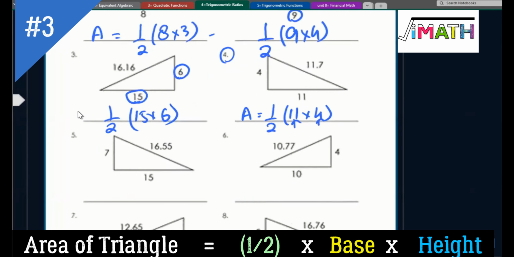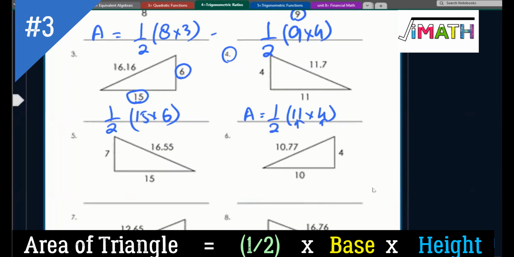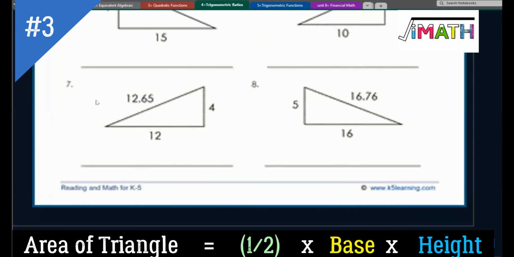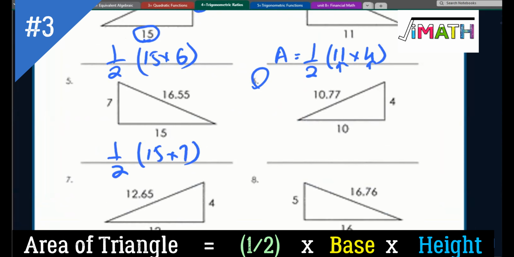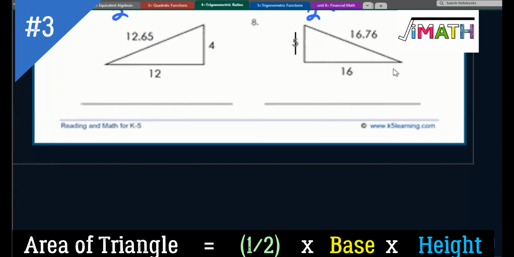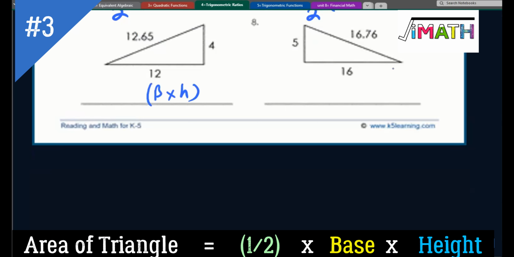And what do you think about question 5? 15 by 7 divided by 2. Perfect. And question number 6? 10 multiplied by 4 divided by 2. Perfect. So the formula is base multiplied by height over 2.